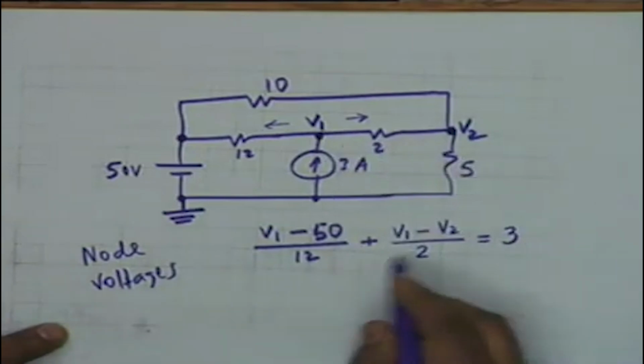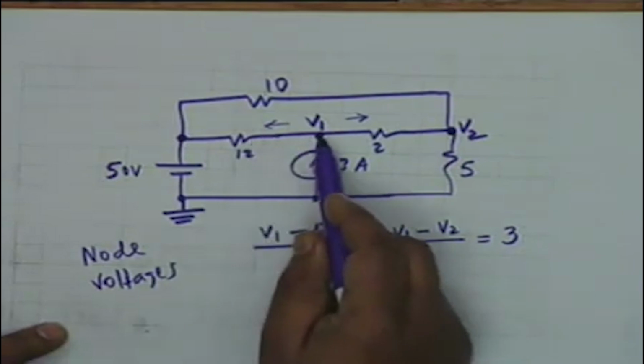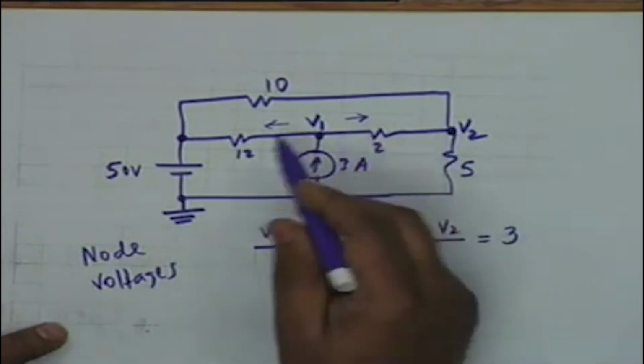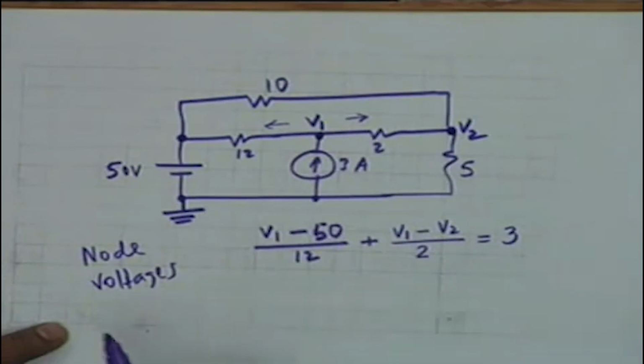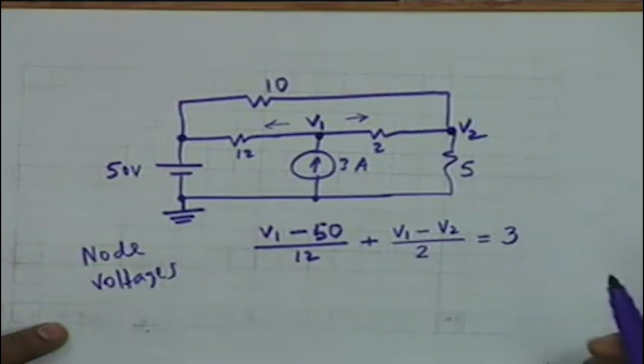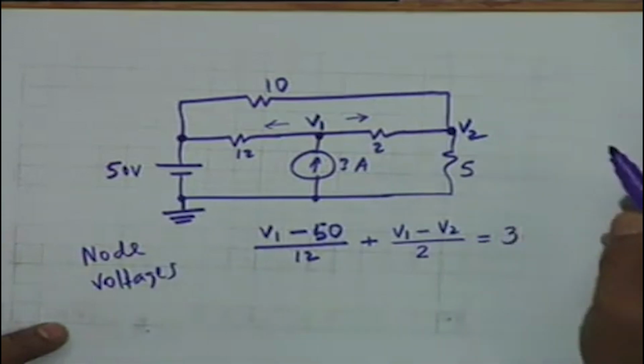Is that okay? This is an expression for KCL. The current leaving in this direction, current leaving in this direction, the sum of these two currents should be equal to the current coming. I could have written this with minus 3 equal to 0, but I have written it with 3. Well, let us go to the other equation.